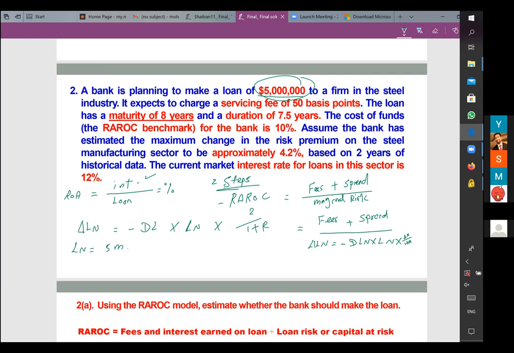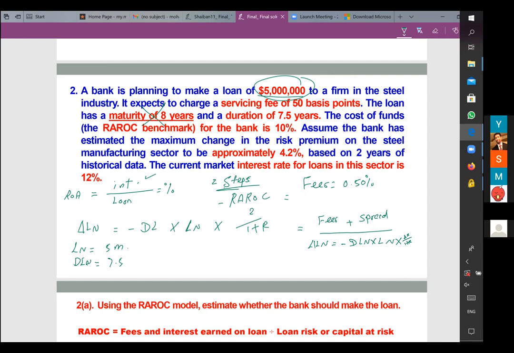So the fees are 50 basis points. The loan is 5 million. What else do we have? We have the duration, 7.5 years. We don't take the maturity of the loan. This one, you don't take it.